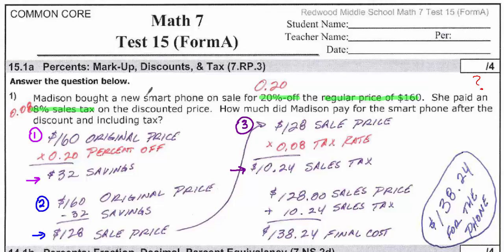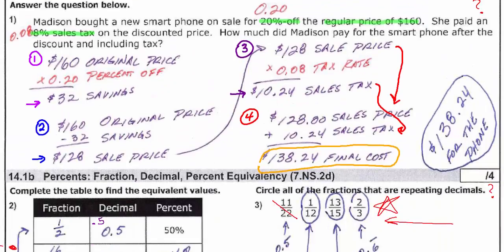And finally, step 4, we take that sale price, we take that sales tax, we add them together, and we figure out what this item costs us going out the door. So those are the 4 steps, and if you follow those 4 steps, you will be successful on these problems. All right, on to the next one.